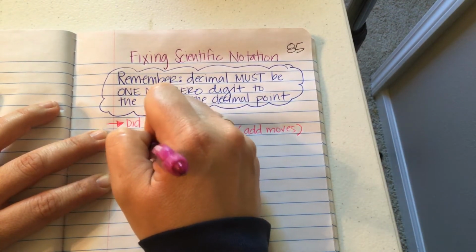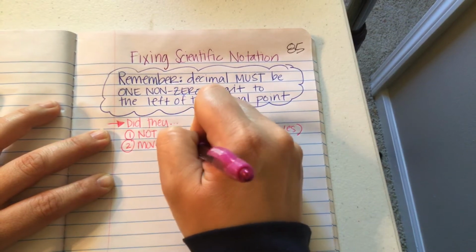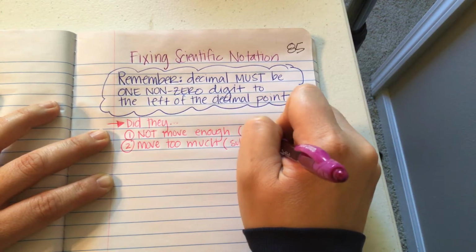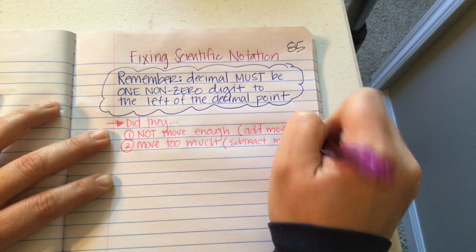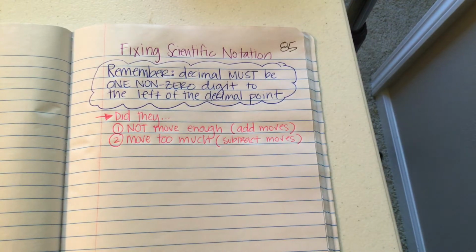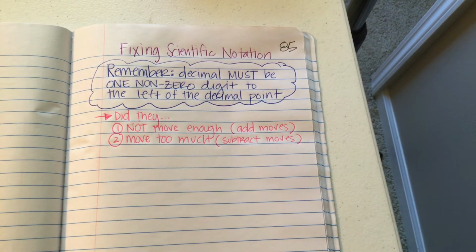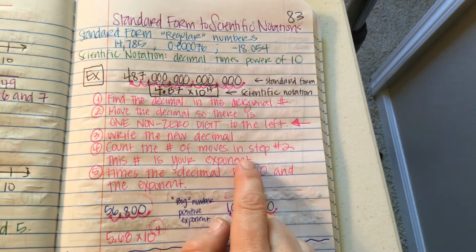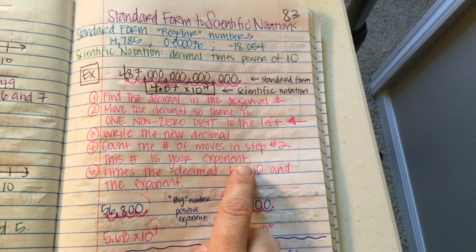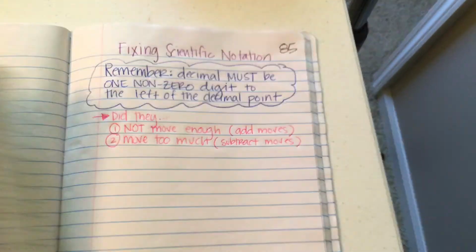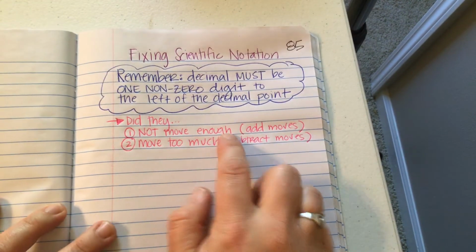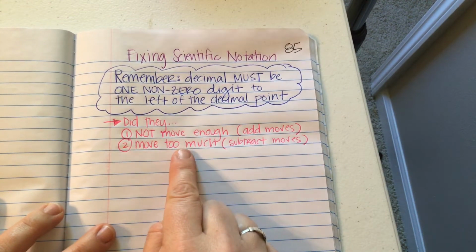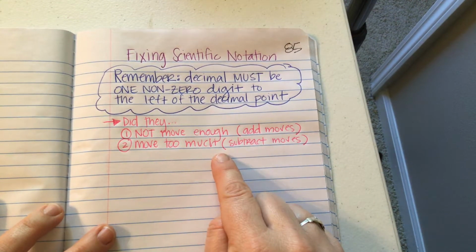Or did they move too much? Meaning you need to subtract moves. And remember, in our directions, when we did scientific notation, the number of moves is your exponent. So if they didn't move enough, if I have to add moves, I'm going to add to the exponent. If they moved too much and I have to subtract moves, I'm subtracting from the exponent.